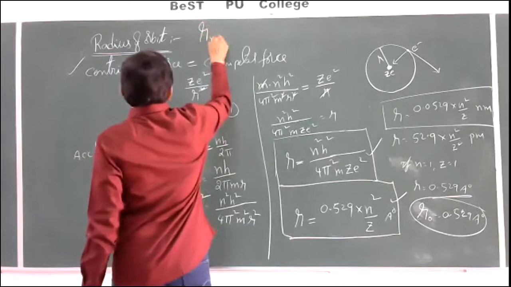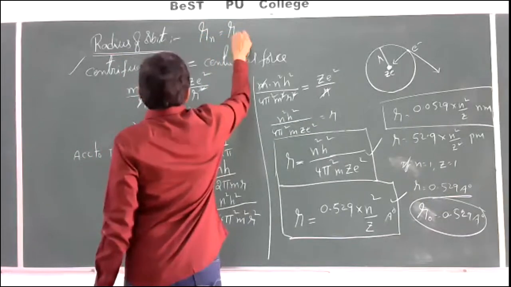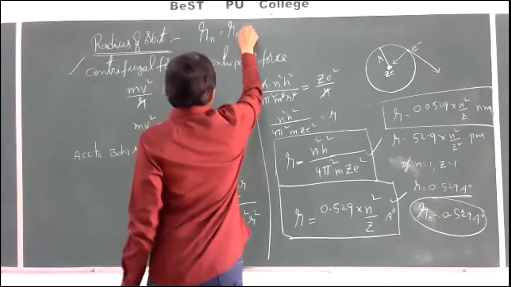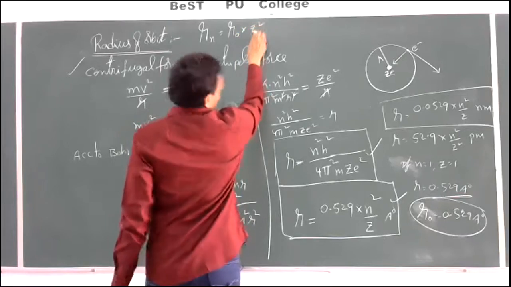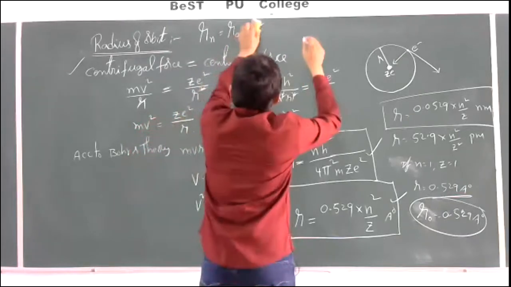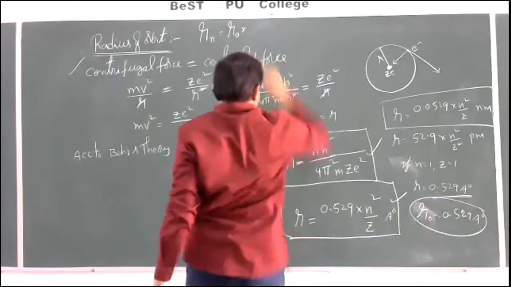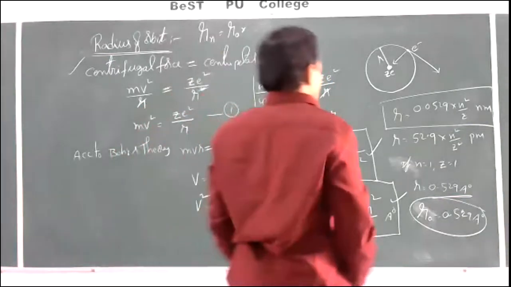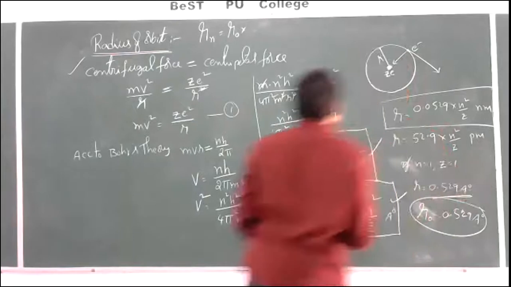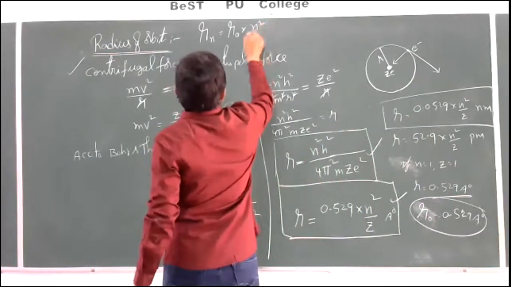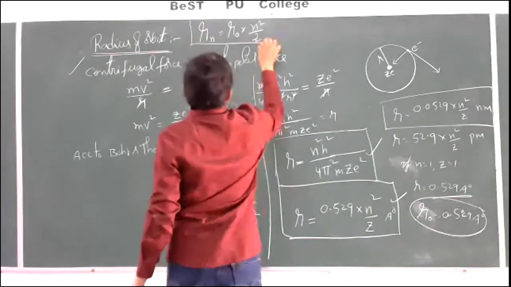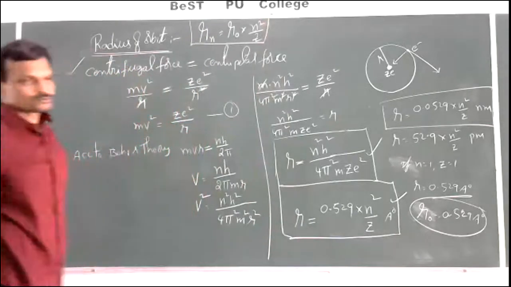So from that we can calculate the radius of the nth orbit by this relation. The radius of the nth orbit is equal to R naught into n square by z. This is the expression for the radius of the orbit.